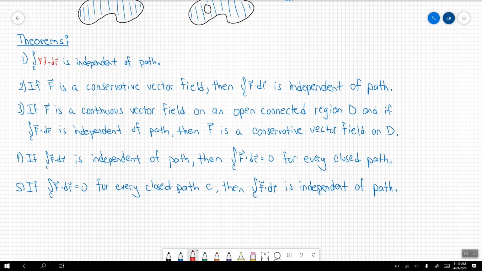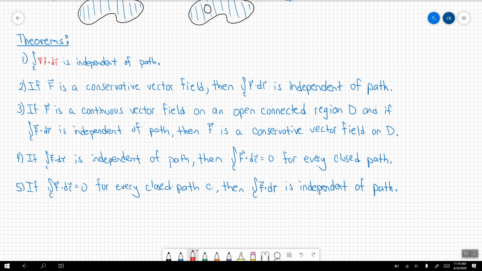All right, number 5, if the line integral over any curve for that vector field is equal to 0 for every closed path, then the line integral is independent of path. And if it's independent of path, then we're working with a conservative vector field.